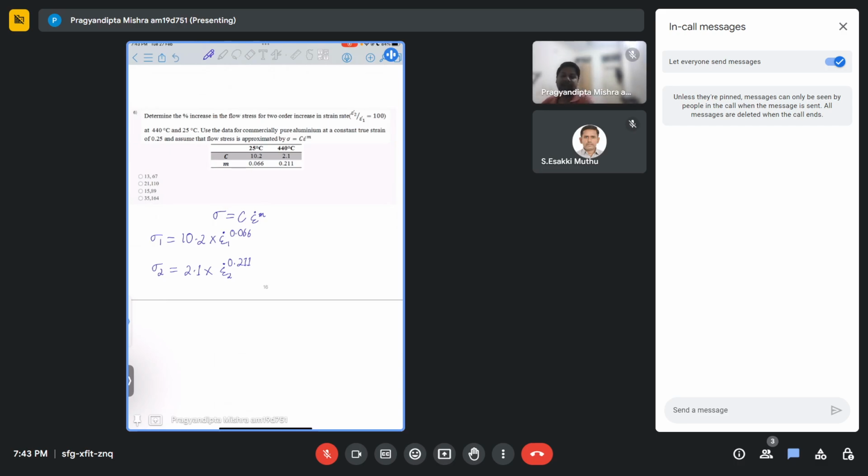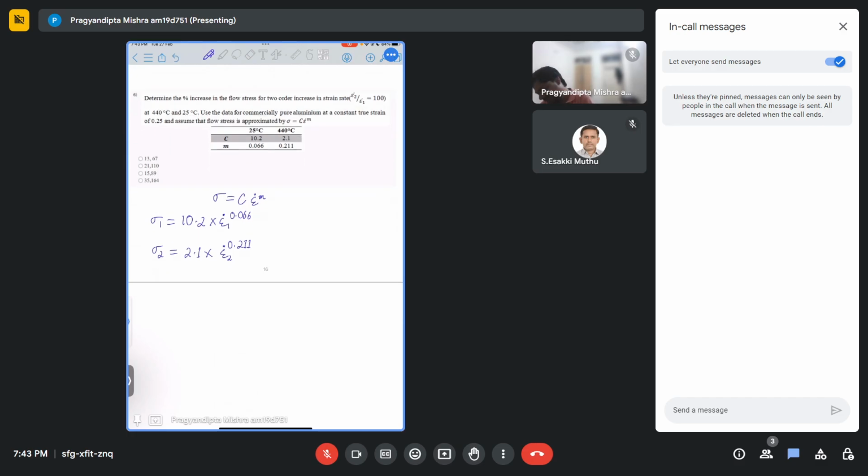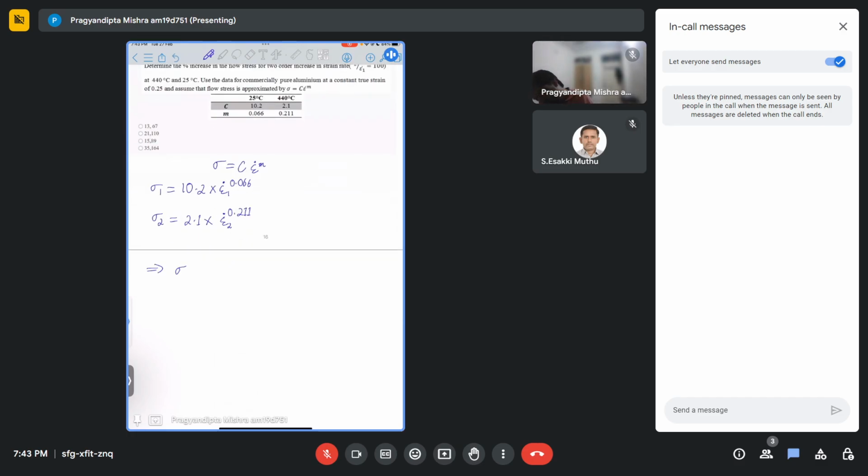So if I divide them directly, I'll get sigma 1 by sigma 2 equal to some 10.2 divided by, sorry, I think I made a mistake here. We are checking only at 25 degrees Celsius. Sorry, there's no point in checking both the temperatures simultaneously because that won't give us the right answer.